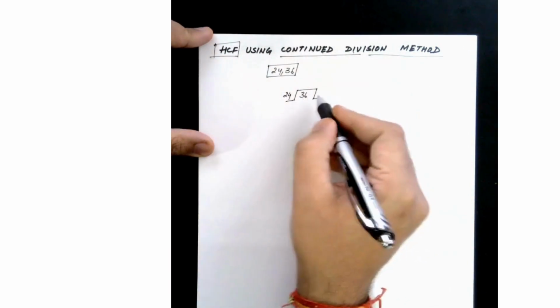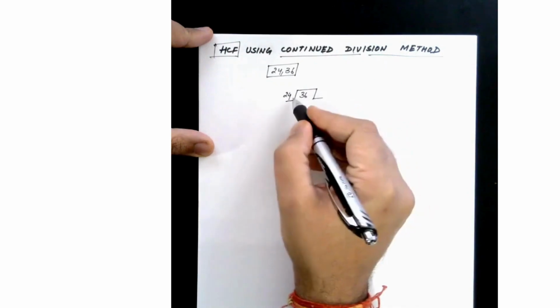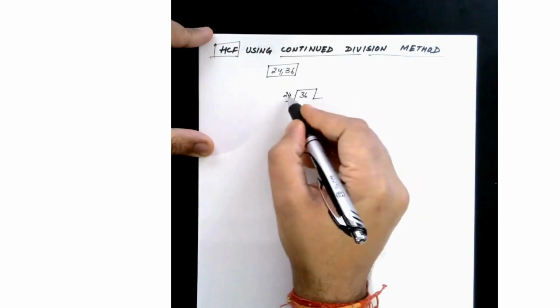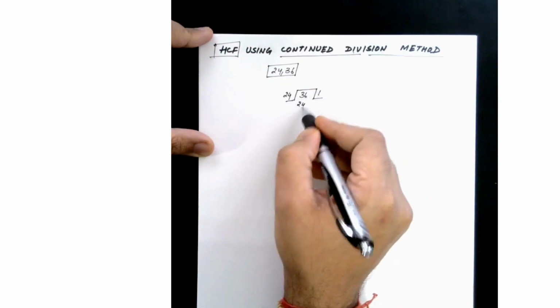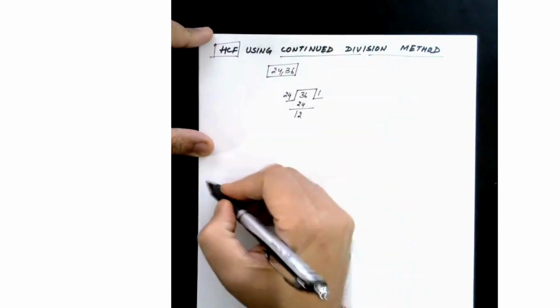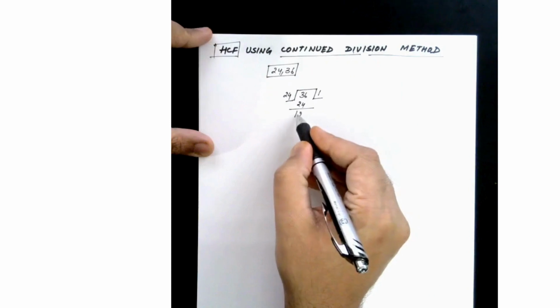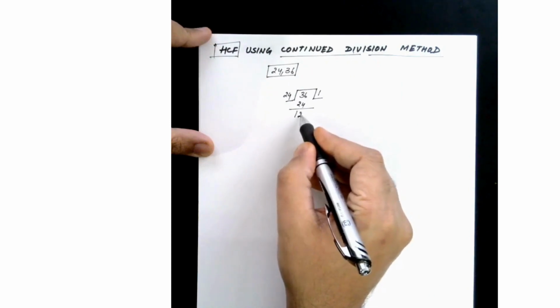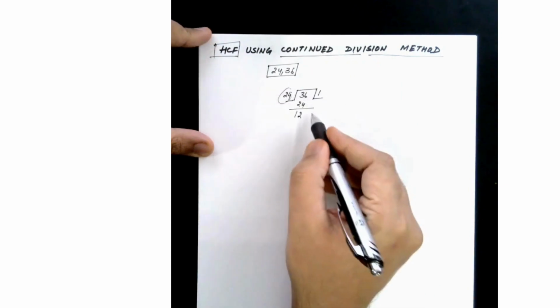When we divide here, we say 24 ones are 24 and we are left with 12. This is the remainder. Now the remainder is the next number which we will use to divide the smaller number.